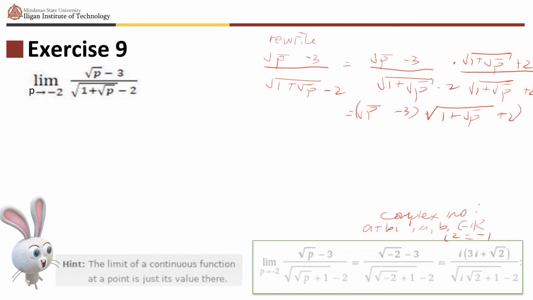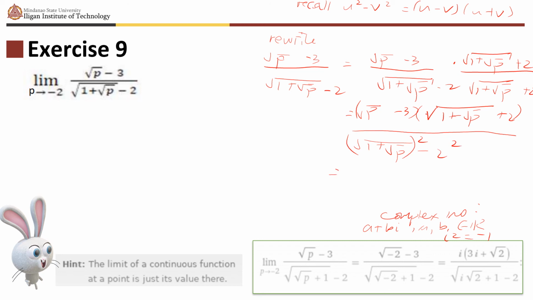plus 2. This is one quantity here, all over, again, if you can recall, u squared minus v squared is equal to u minus v times u plus v. So in the denominator you have the square root of 1 plus square root of p squared, then minus 2 squared.